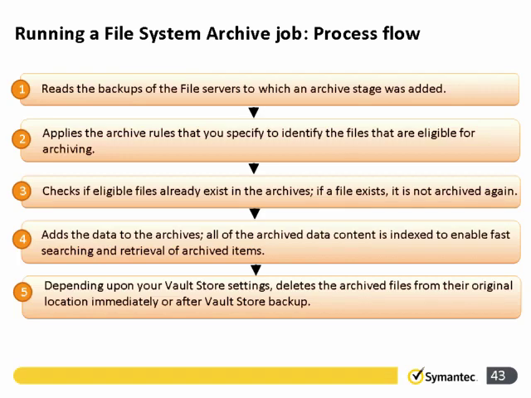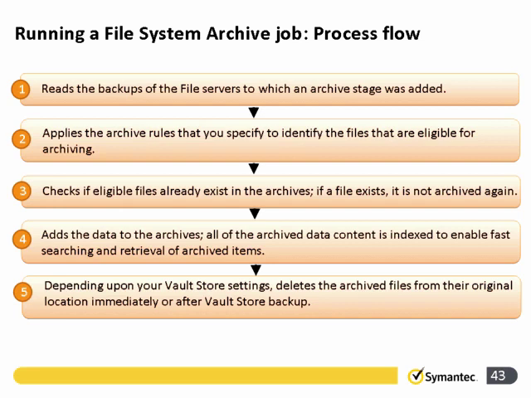The process for running a file system archive job is the same process that we saw for Exchange. So the first step is to back up the file system that you wish to archive, and then the archive job itself will read the files from the backup, apply the rules, and determine the criteria by which files need to be sent to the vault.